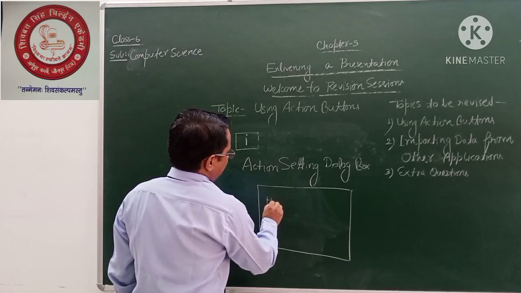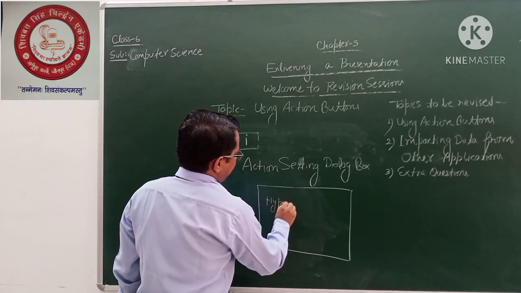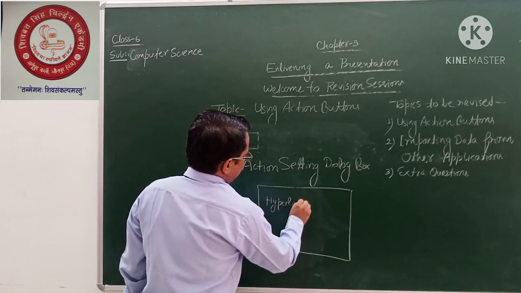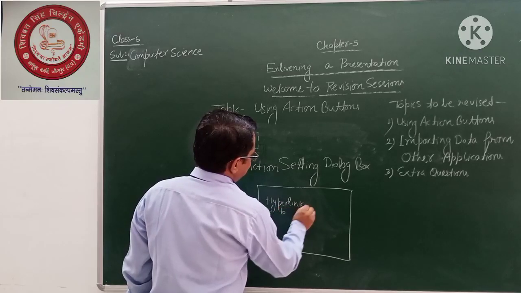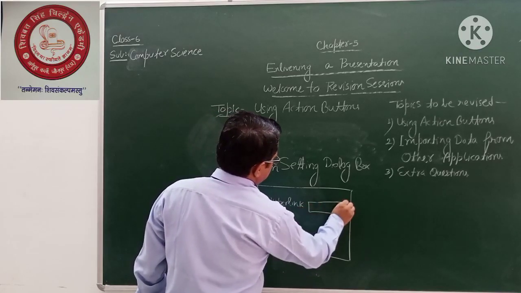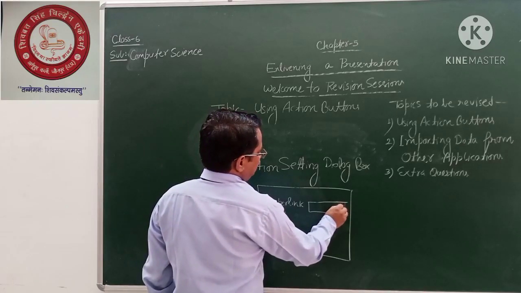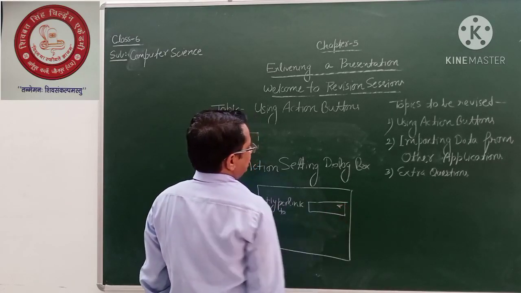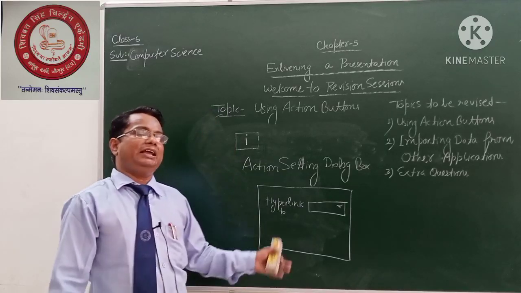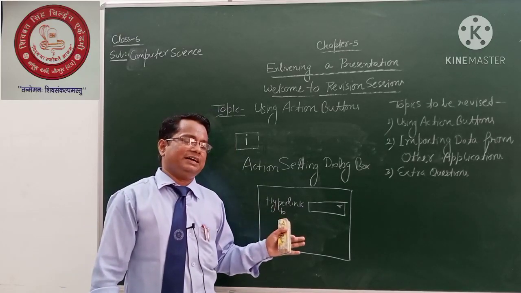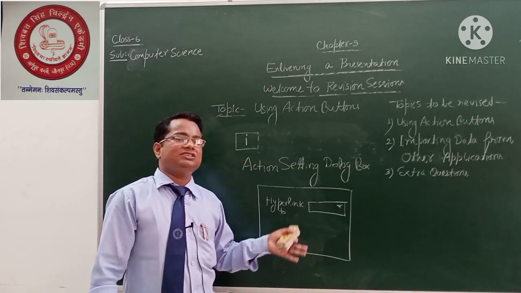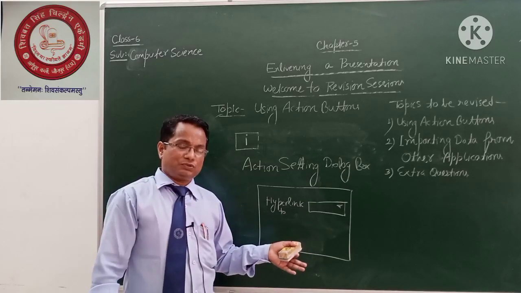Here one option is given, hyperlink to. Right? Here you will get a drop down list. In this you will have options like first slide, last slide, other file, previous slide. Like this you will get some kinds of options here.